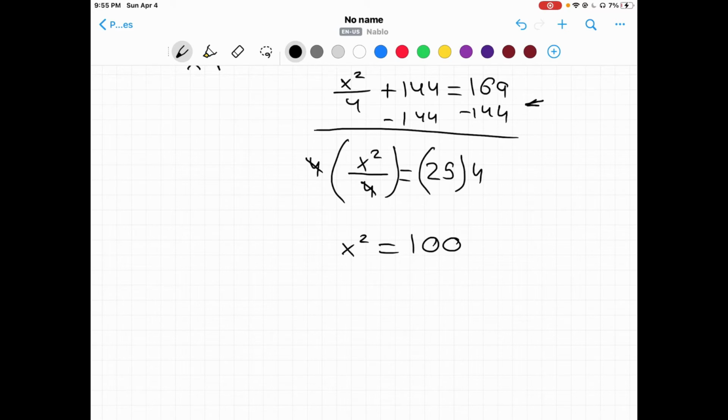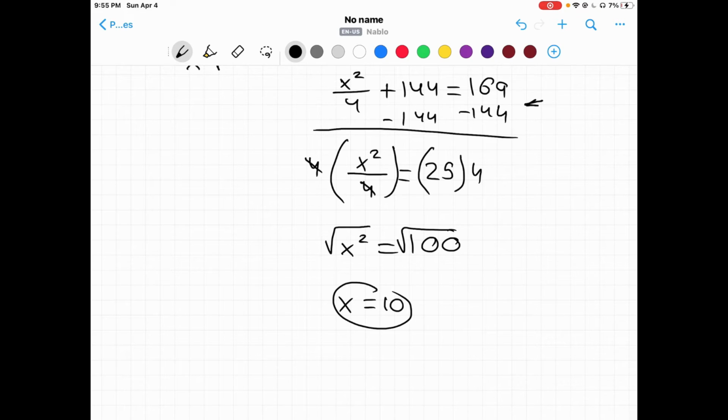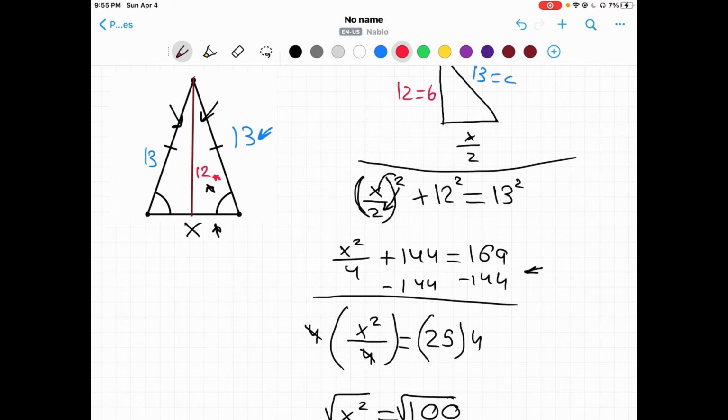And now we would take the positive root of both sides, because once again you cannot have a negative distance, and you would be left with x is equal to 10. So now we know that the whole length of this side is 10 units.